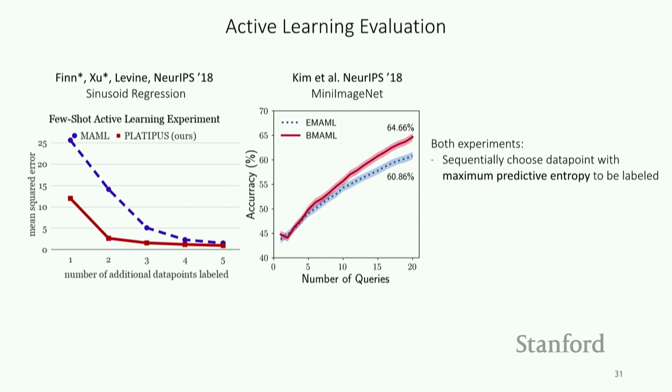But what we see across the board is that these algorithms, probabilistic MAML on the left and the ensemble methods on the right, are able to show an improvement by using either a diverse ensemble or by representing uncertainty at all, in comparison to just randomly sampling the data points with MAML. Okay, so one of the nice things about this example is it's something that we may actually care about in practice.